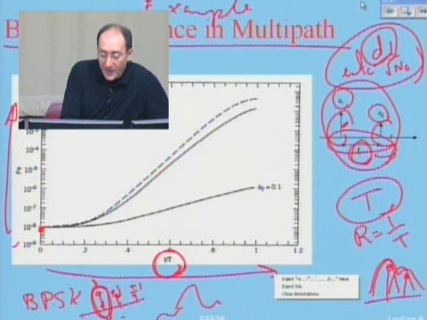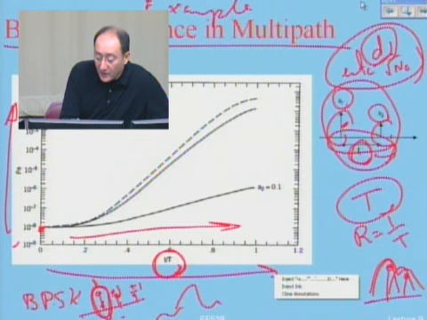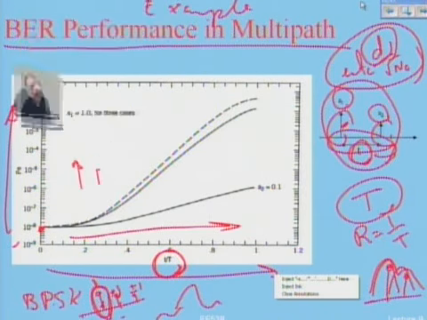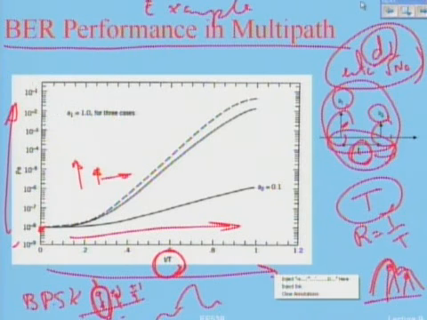As I increase here, I'm having the second path. This is the first path. The second path is moving away from it, causing more multipath spread, and the error rate starts to deteriorate, depending on the ratio of these two.